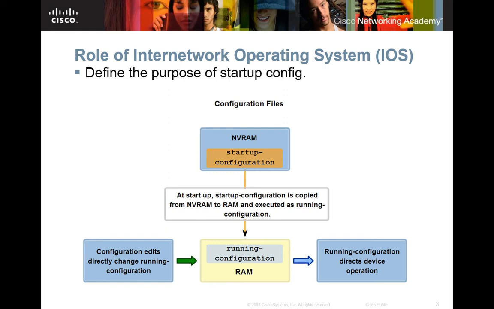That's all it does. Now it copies it into RAM so that we can function and run off of it. Any commands that we type in and change our configuration, we're changing in the running configuration. Those are the two different configuration types. So if I ask you on your test, what are the two types of configuration? What do we have, Todd? Startup and running.